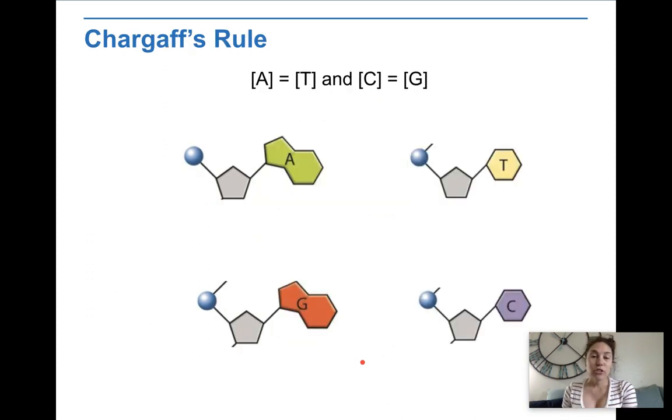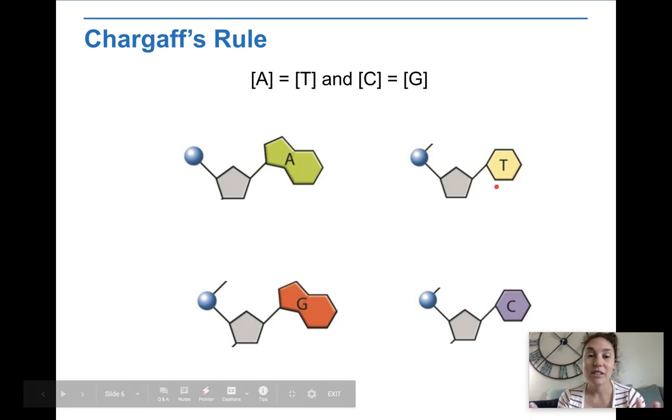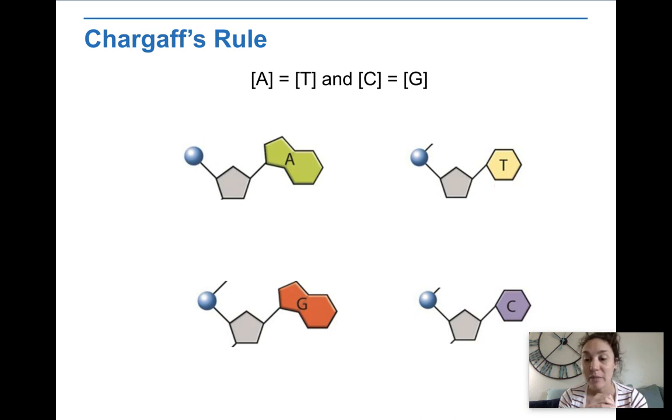So some other observations that were made by scientists, this first one, Chargaff made an observation that the amount of adenine and thymine that were found in DNA molecules were always equal, and that wasn't dependent on the organism. He saw that the amount of A's and T's in human DNA were always equal, in fruit flies, in any other organism.